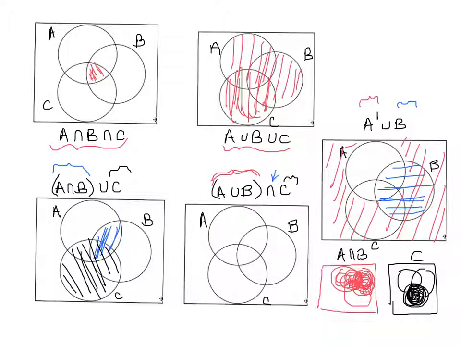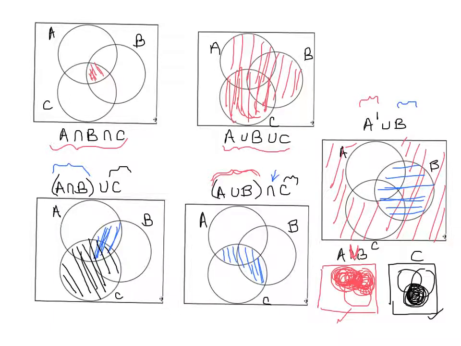All right, so A union B, where does that intersect with C? So if you look at both A union B and C, what they have in common, what is shaded in both, excuse the noises, sorry about that, is A union B intersect C.